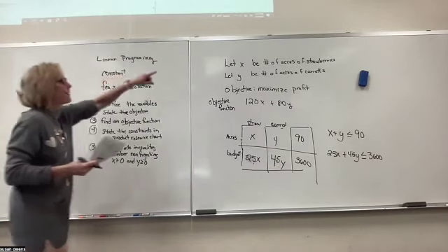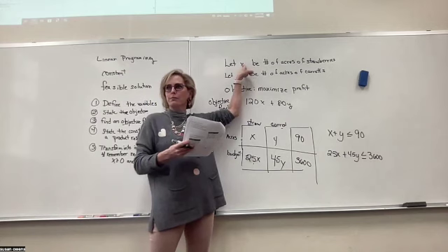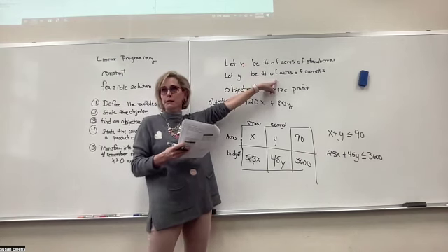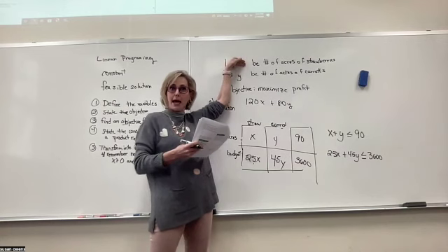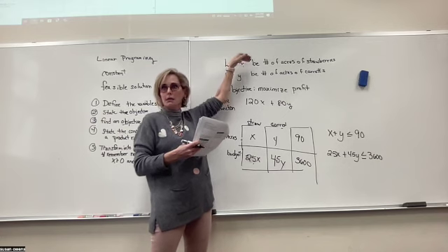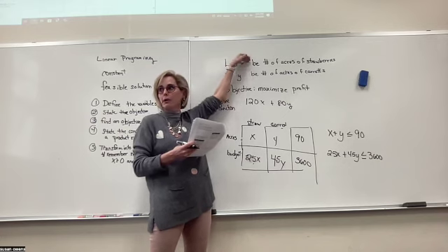Can I have a negative number of acres? Of strawberries? What about of carrots? No, so both X has to be greater than or equal to 0. Could I plant 0 acres of one of them? Sure, I might not want to plant any of them. They both have to be greater than or equal to 0.